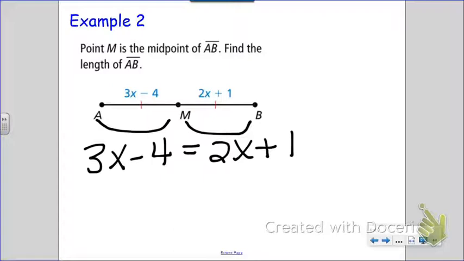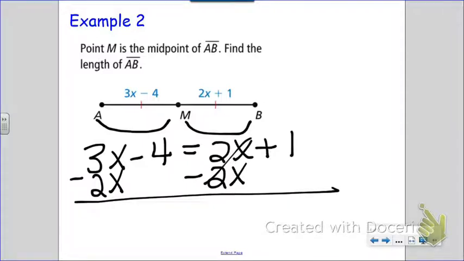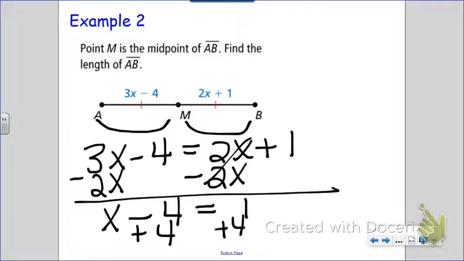We'll solve for x. I'm going to subtract 2x to the left. 3x minus 2x is 1x minus 4 equals, bring down the 1. Add 4 to both sides. X equals 5.